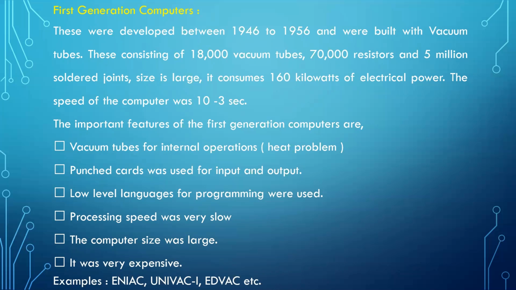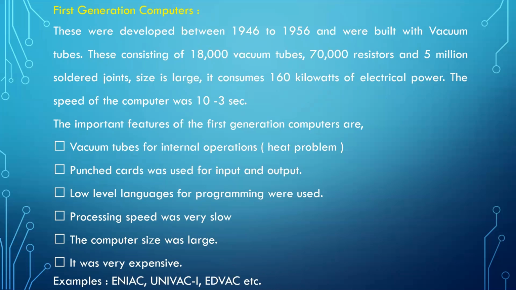In the first generation, the only language available for programming was the low-level language, also called machine language. It means the computer understands only machine language, that is binary numbers, 0 and 1. By using combinations of 0s and 1s, programming was done in the first generation of computers.